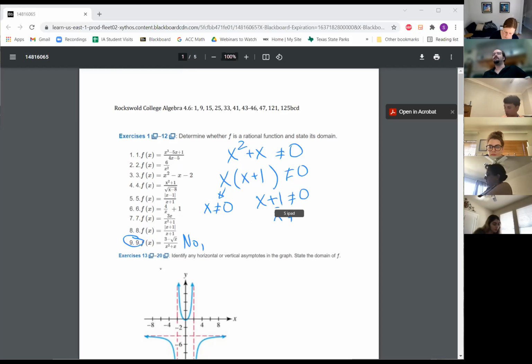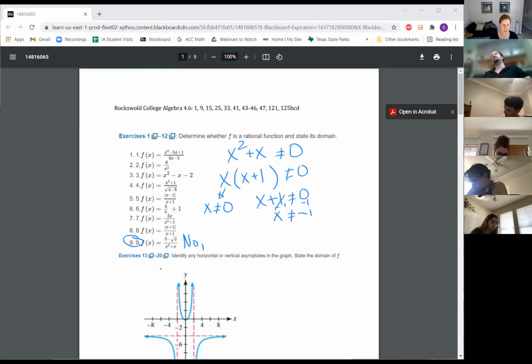If I subtract 1 on both sides, so it's -1. Yeah, -1. Okay, I thought you said 1. All right. Okay, so we know that those are two things x can't be. Is there anything else in the problem that we know that if we plug in a certain x, it's going to cause an issue? Any other place?